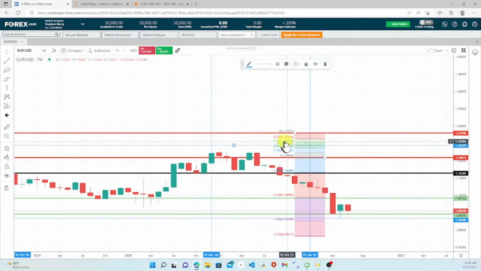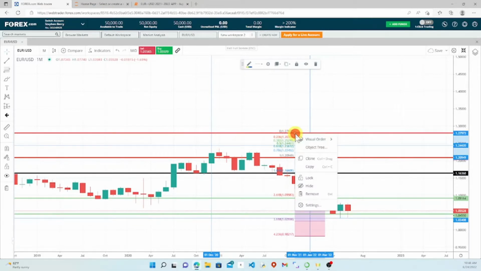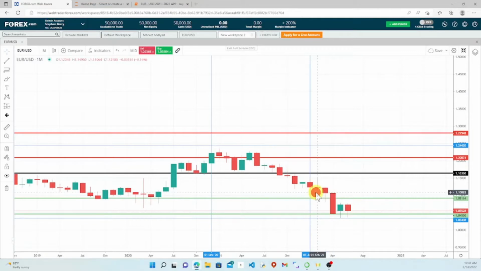Then let's go ahead and take this fib out of our way, and you can see that we've got that M line. And then you can just do that here, here, here, and here, and real quickly have a really good visual of where your M lines are as well. So just another little chart tip, and you can get those around all your charts. Just something to think about if you want to get those M lines in there as well.